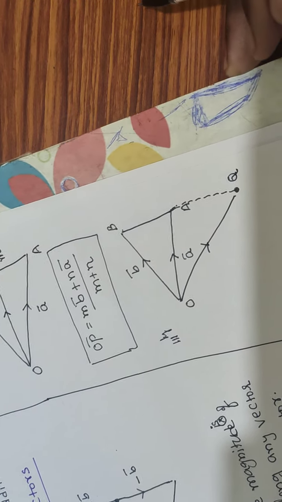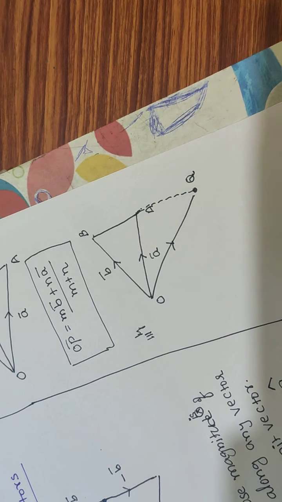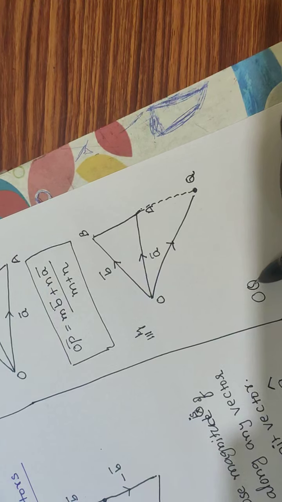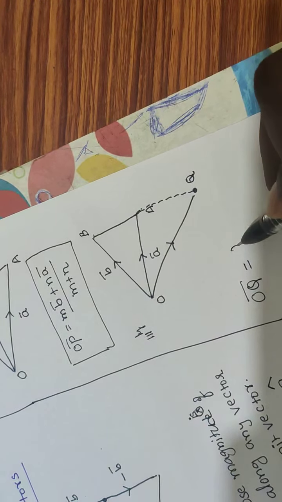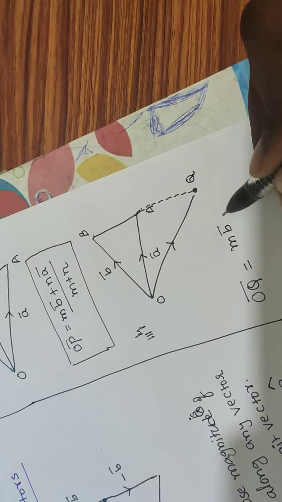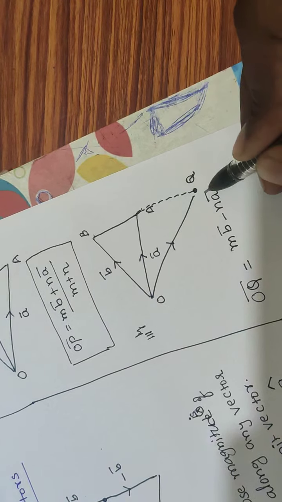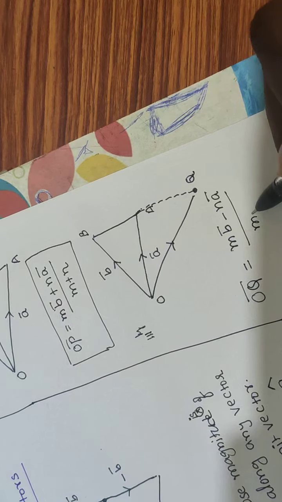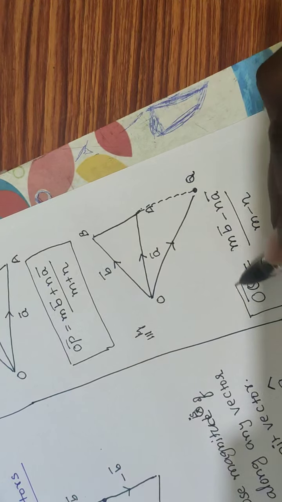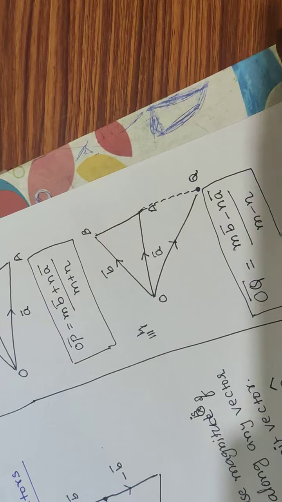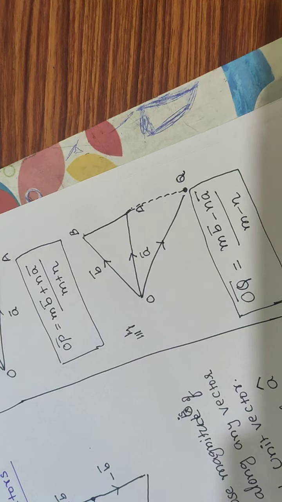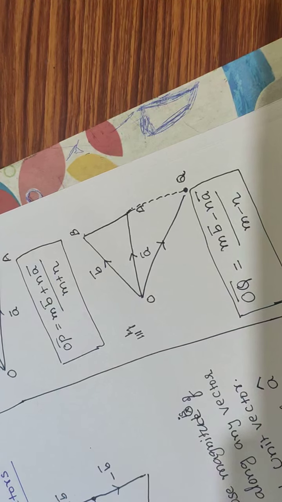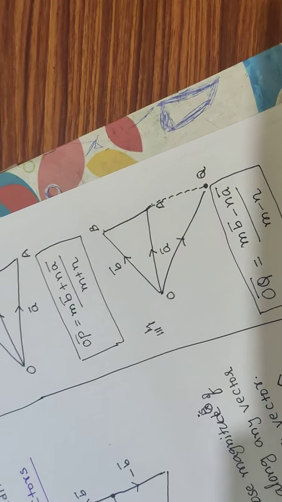Then OQ bar can be written as m b bar minus n a bar by m minus n. This is also section formula but for external division.